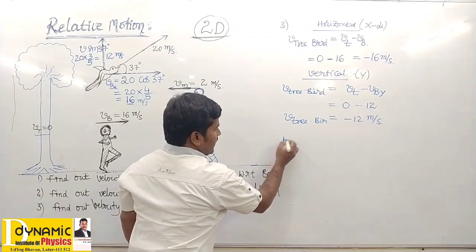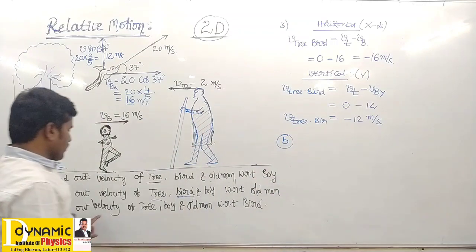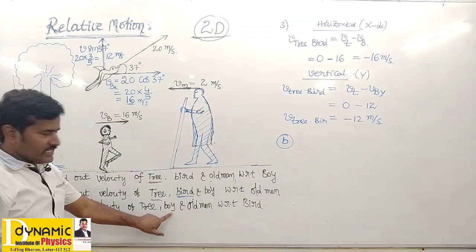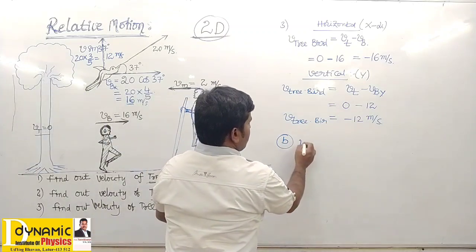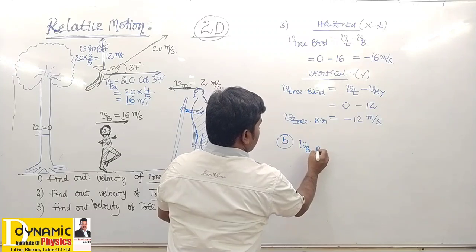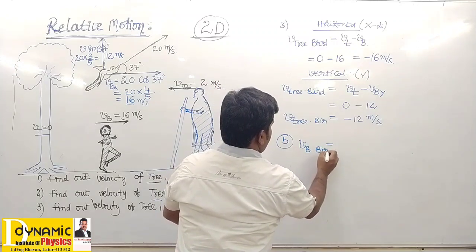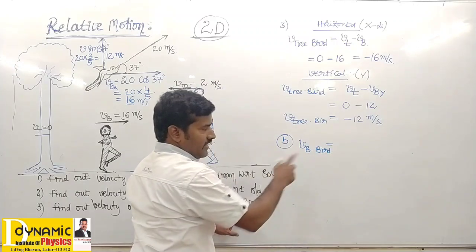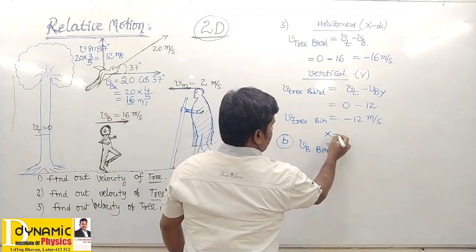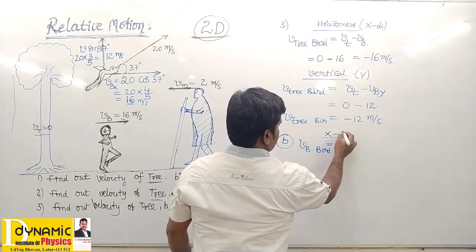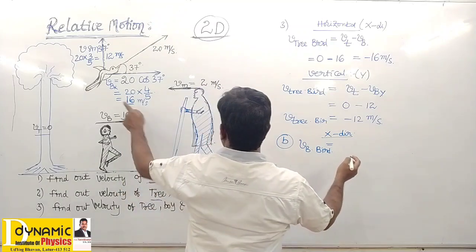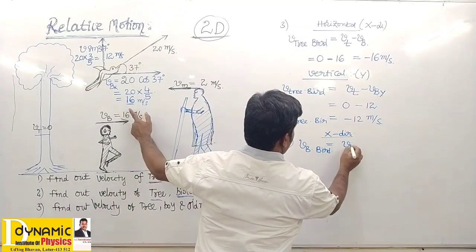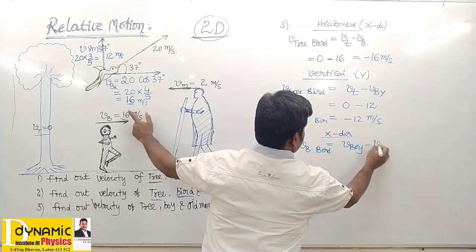Then the second one: the velocity of the boy with respect to the bird, in the x direction and y direction. In the horizontal x direction, it is V boy minus V bird.